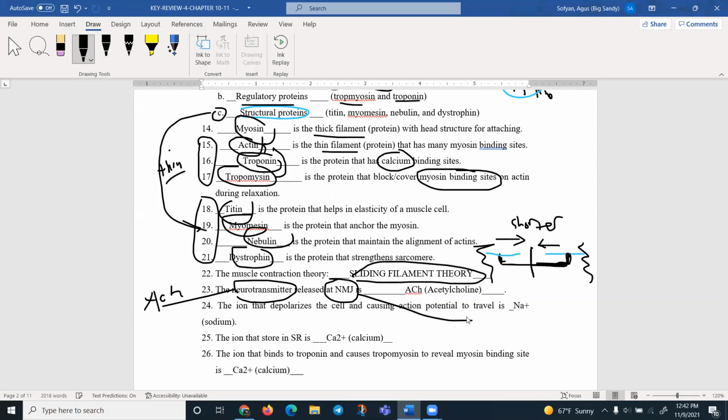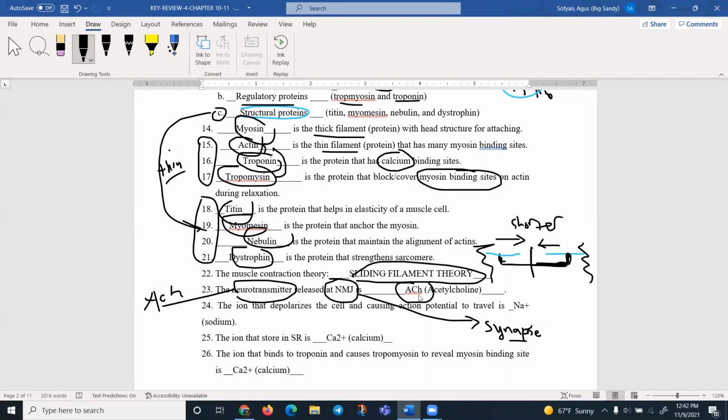Sometimes it is also known as a synapse. Synapse is a space that is located between neuron and the muscle. So the acetylcholine will be released in this synapse, in this NMJ. So that's the name of the neurotransmitter, and this is the one that will order the muscle to perform contraction.